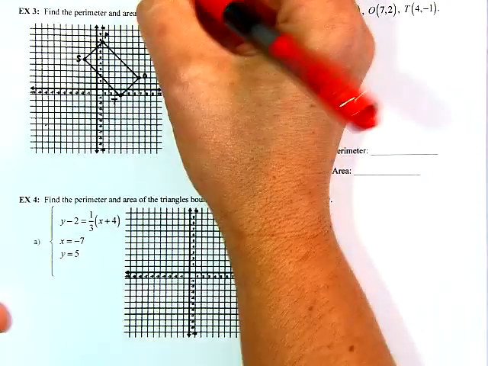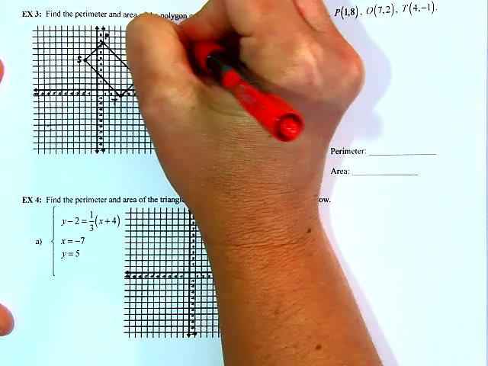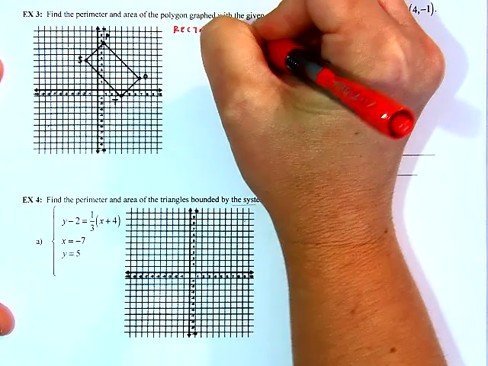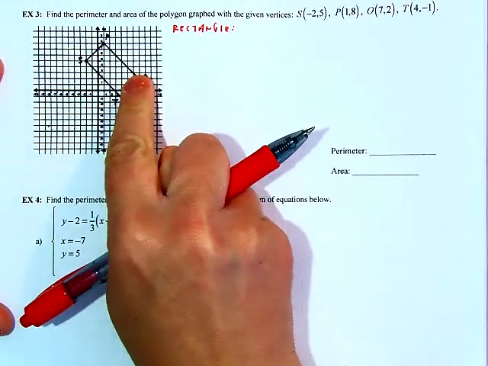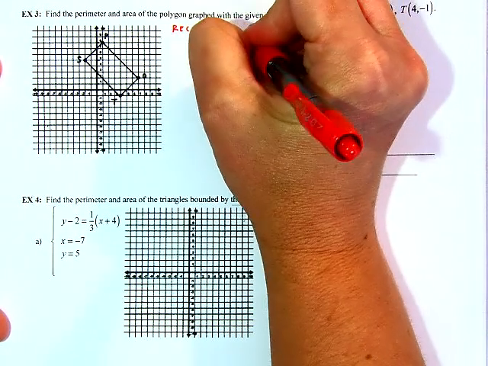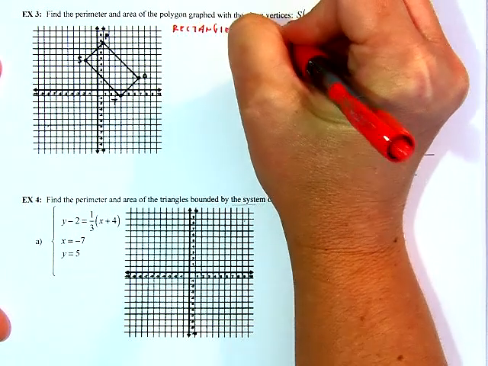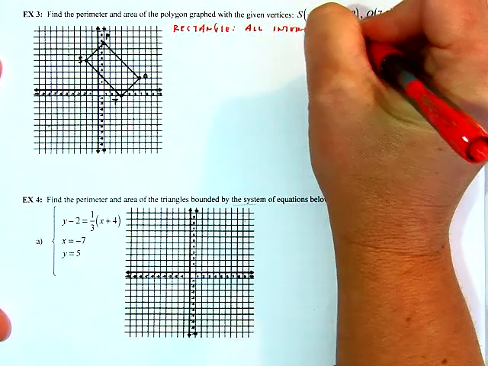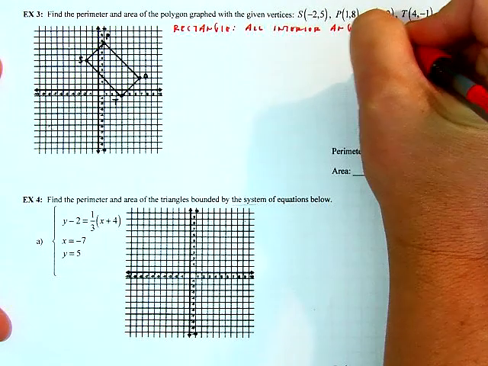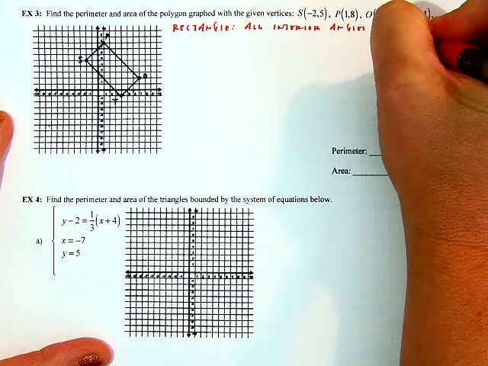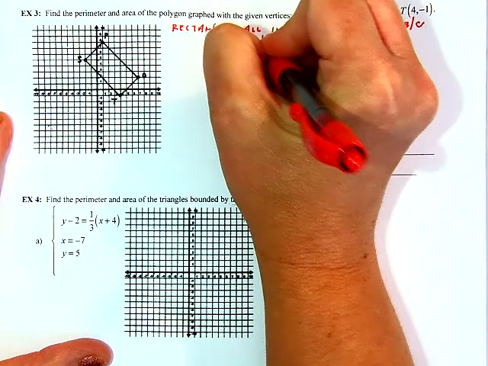So let me write that out. So it is a rectangle because we know that all of these angles are right angles. Okay, we know that all of the interior angles are 90 degrees because we have perpendicular segments.